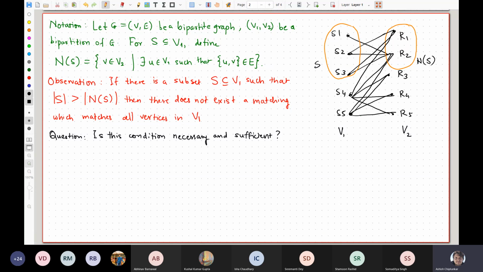If the graph has a matching which matches all of V1, then that obviously guarantees that the size of S is less than or equal to the size of N of S for all S. But conversely, if the graph does not have a matching which matches all of V1, can you actually find an S such that the size of S is strictly larger than the size of N of S?